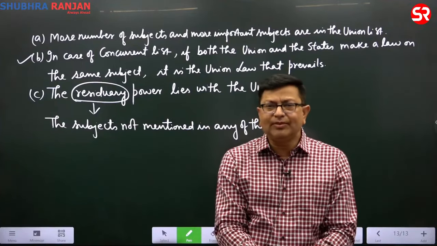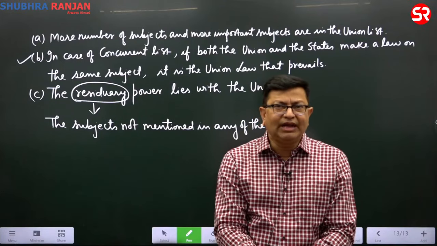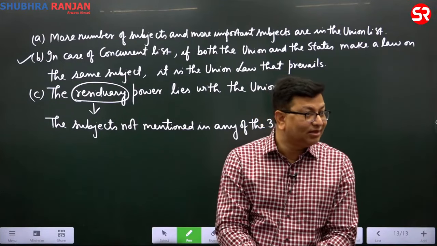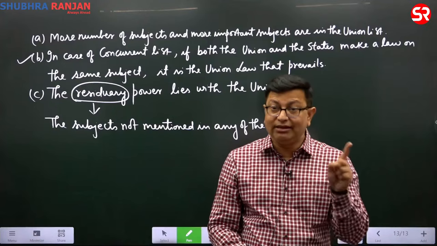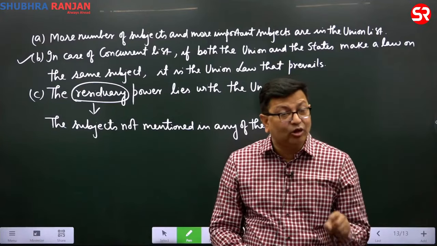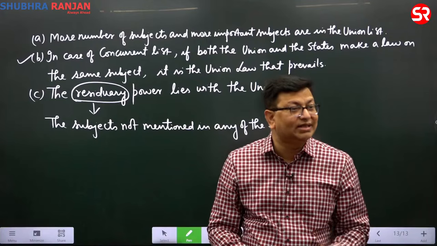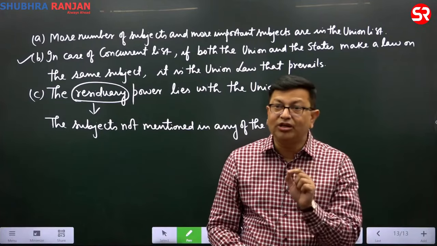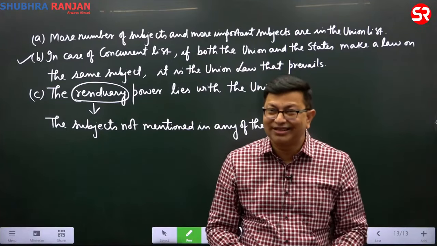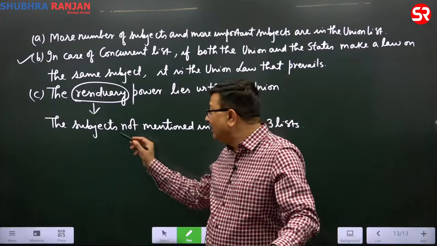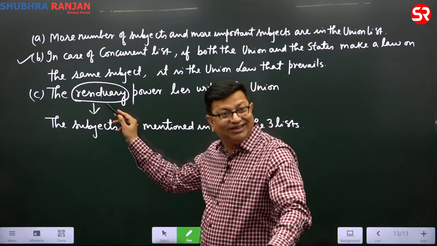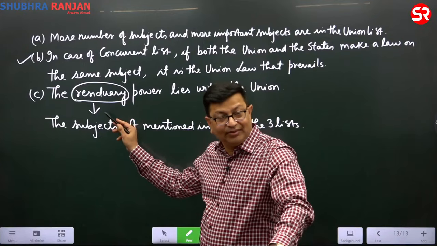Our constitution makers had never thought that we'll have to make a law on space. But when Sputnik was sent, then we realized that we also need to have a space policy. Space was not mentioned in any of the three lists, and that is why it became a residuary subject.